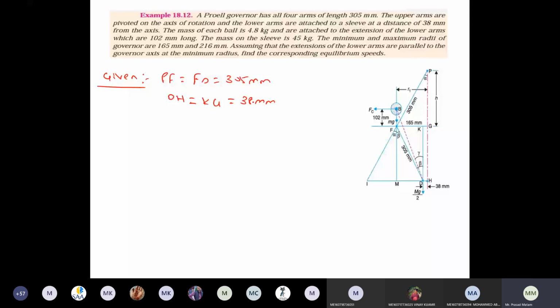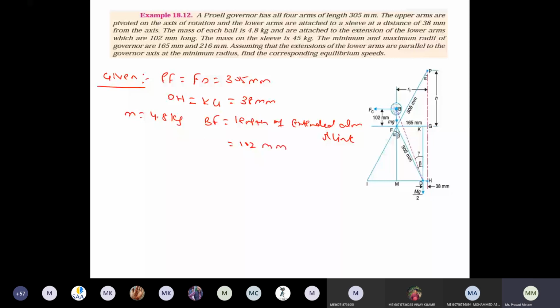The mass of each ball, small m, is 4.8 kg, and the vertical distance BF, the length of the extended arm, or I can call it the extended link, is equal to 102 mm.